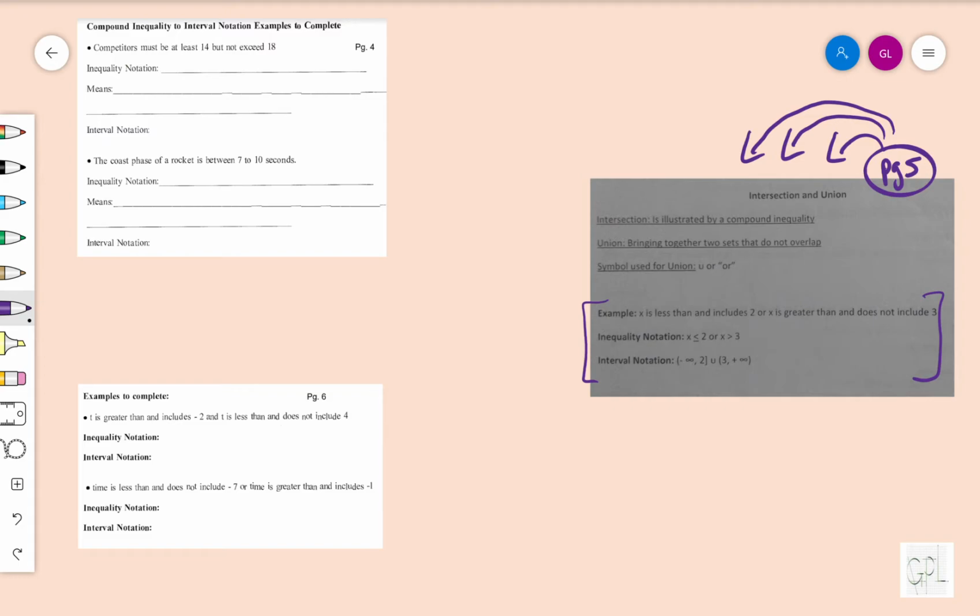So make sure that, with the or symbol, let's say here you're taking pieces of data that you need all of. You have to use your data that is on different sides of zero, or let's say they all do not come together.